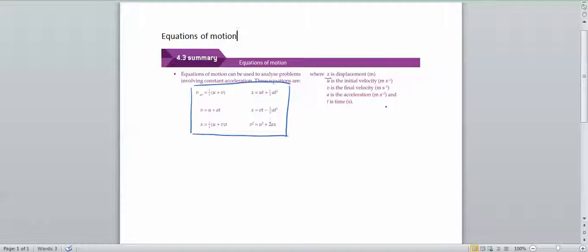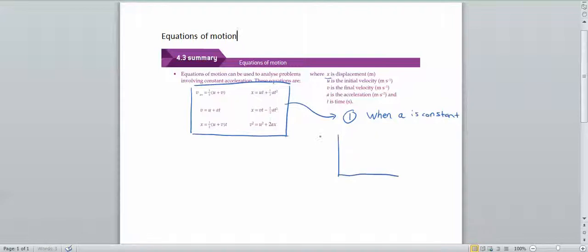t is time. Now, the first thing I'll say about equations of motion is that it's only applicable when there's a constant acceleration, when acceleration is constant. So for example, if the acceleration is changing, let's have a look at a velocity time graph like so.